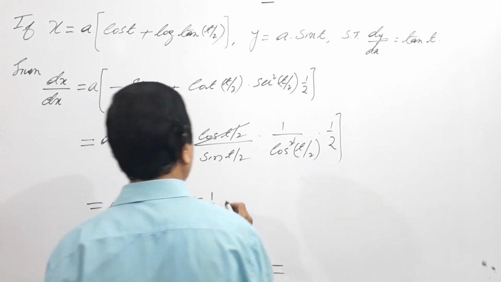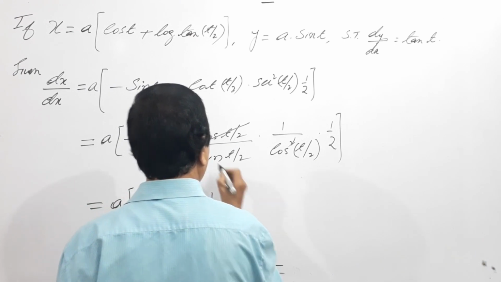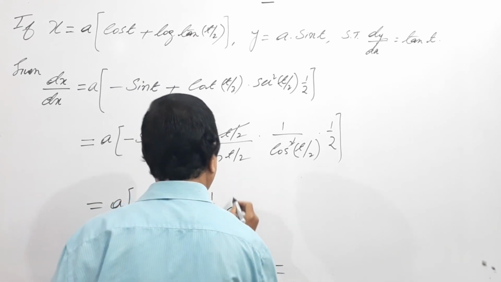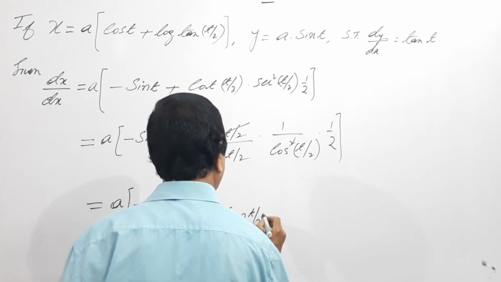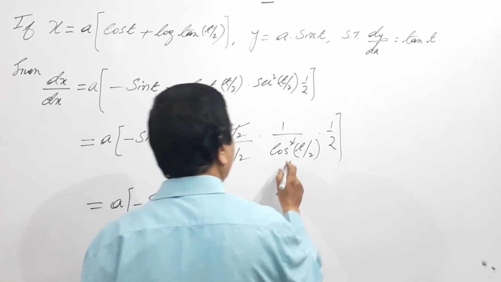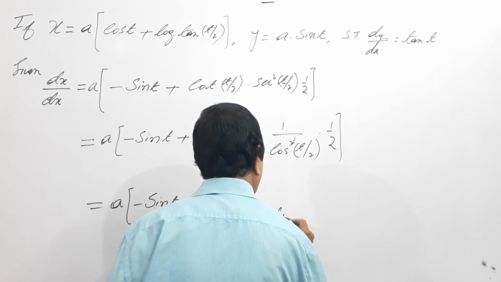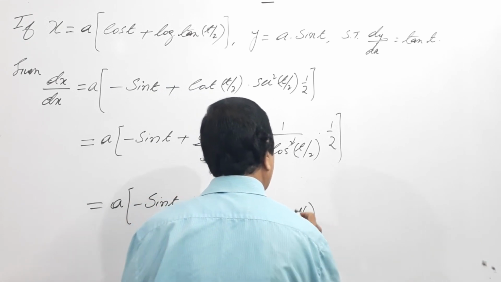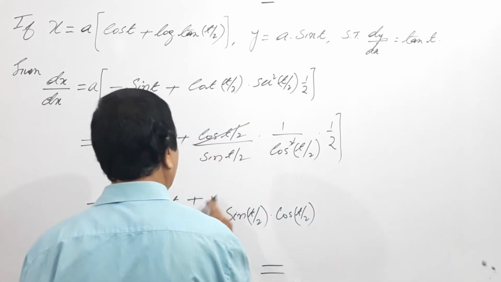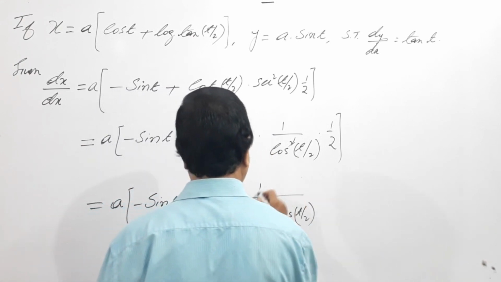Half into, we are left with sin t by 2 into cos t by 2.